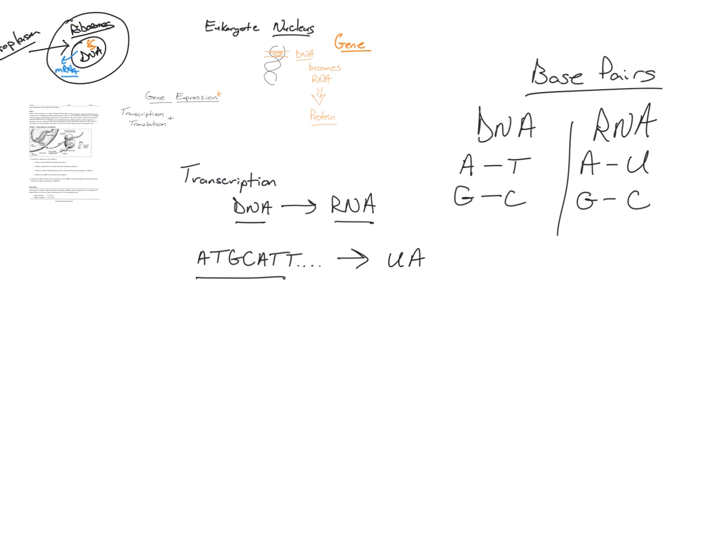G gets matched with C, and C with G, and then we have U again and A. So this is what is going to be on the RNA. This is the message or gene, the beginning of the gene in DNA, and this is the beginning of the message in RNA.